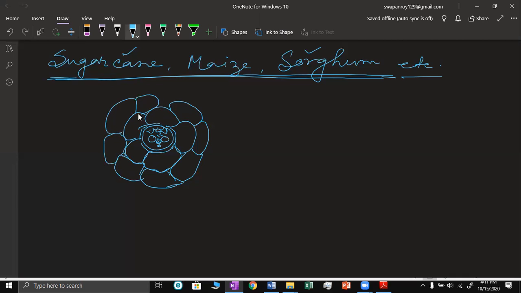This special arrangement around the vascular bundle, this type of internal structure of the leaf, is known as Kranz anatomy. Kranz literally means wreath, that is, a circle or ring of cells or flowers.